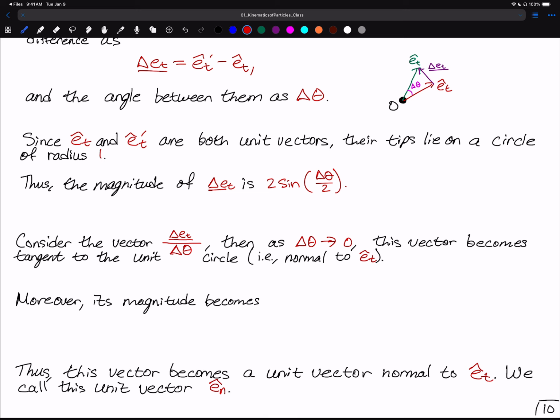Let's now consider the vector delta E T divided by delta theta, and then take the limit as delta theta goes to 0.